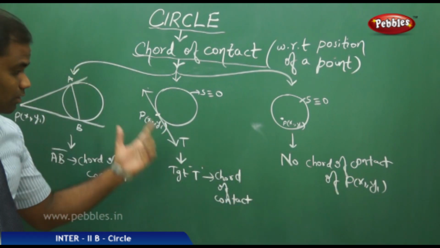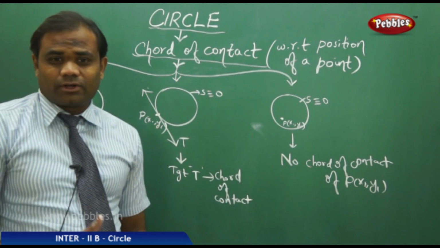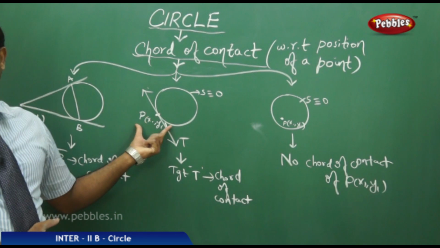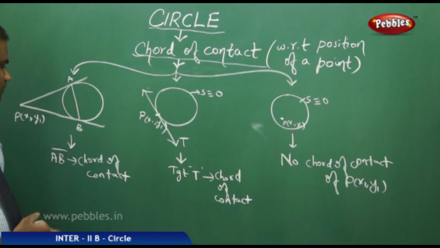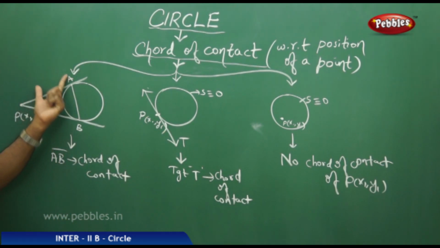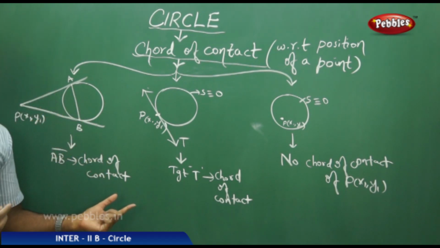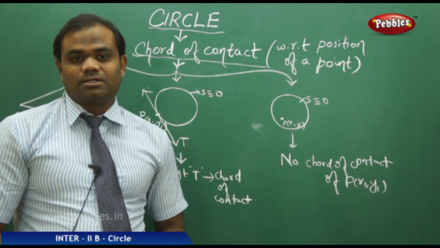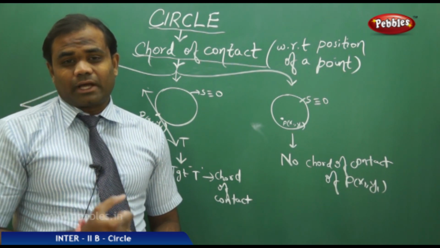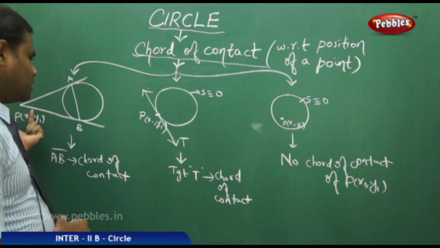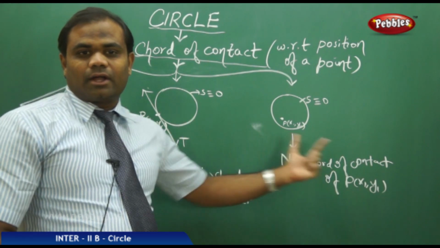If P lies on the circle, the chord of contact is the tangent at that point itself. And if P is outside the circle, the chord AB is the chord of contact of P(x1, y1). This is how we understand the chord of contact for each of the positions of P: outside, on, and inside.